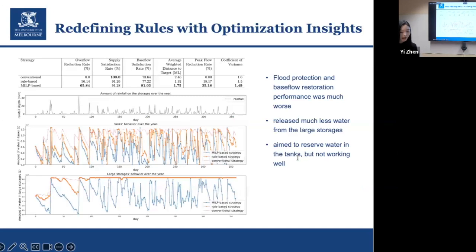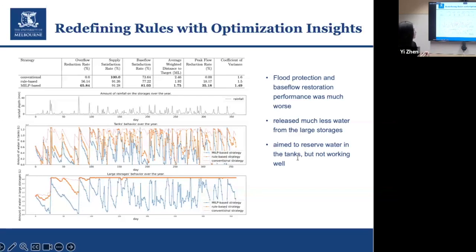And when we compare our current rule-based strategy with the optimization-based strategies, we can see that the rule-based strategy performs much worse in flood protection and baseflow restoration. We can see from the graph here, this is the tank behavior over the year, and this is the large storages behavior over the year.